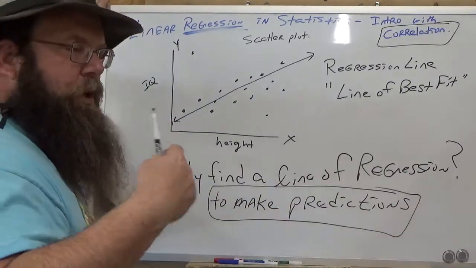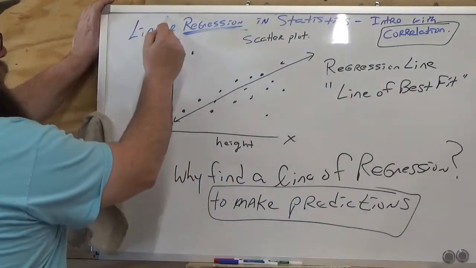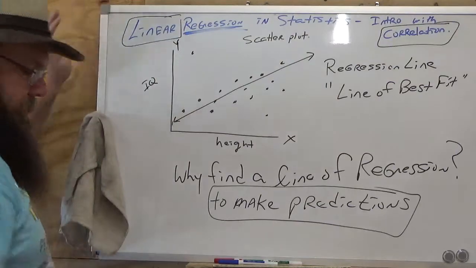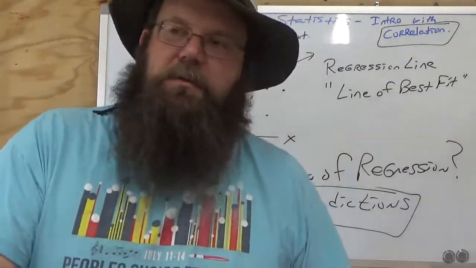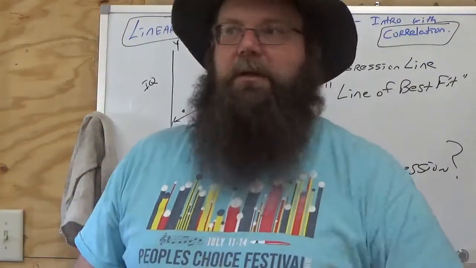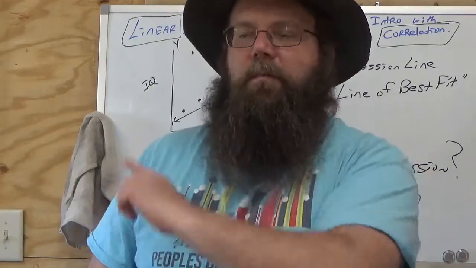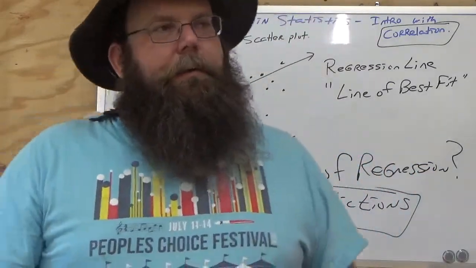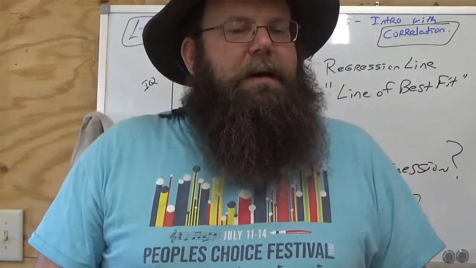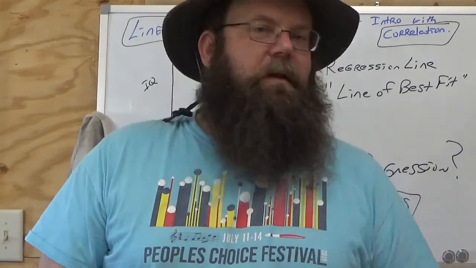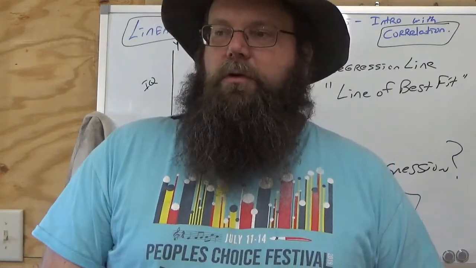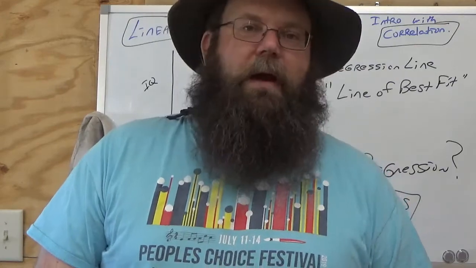And the regression that we're going to use is always going to be linear. So what does linear mean? Linear means it's going to be the equation of a line. What's the equation of a line look like? Y equals mx plus b. Are there other types of regression? Yes. Instead of linear, you could do quadratic regression.